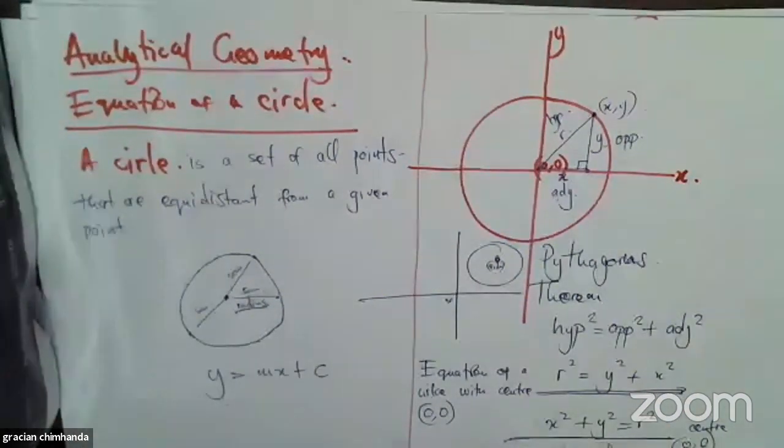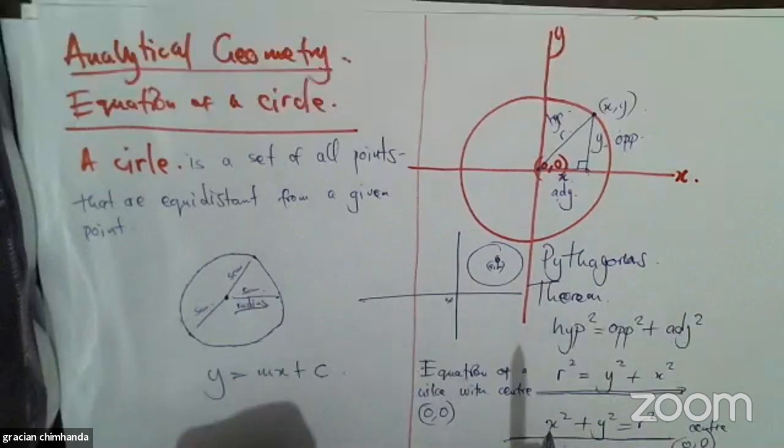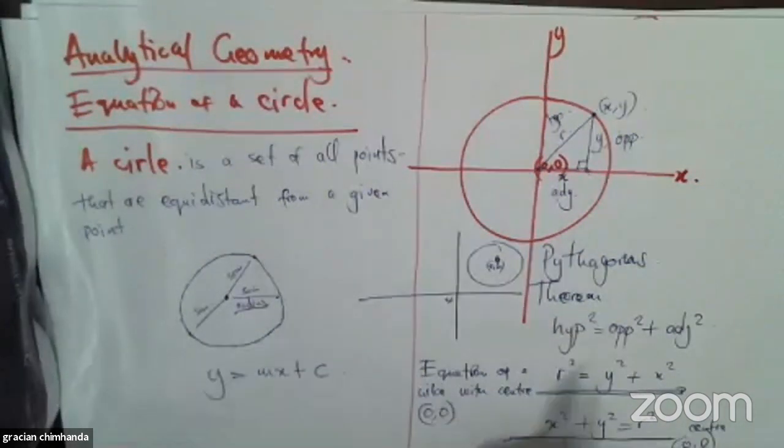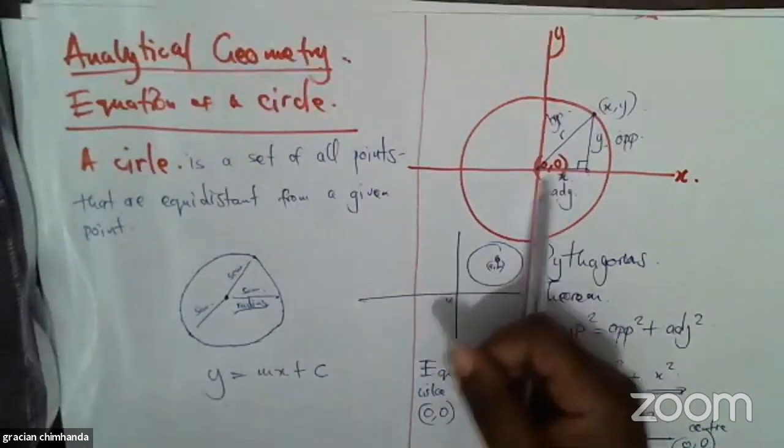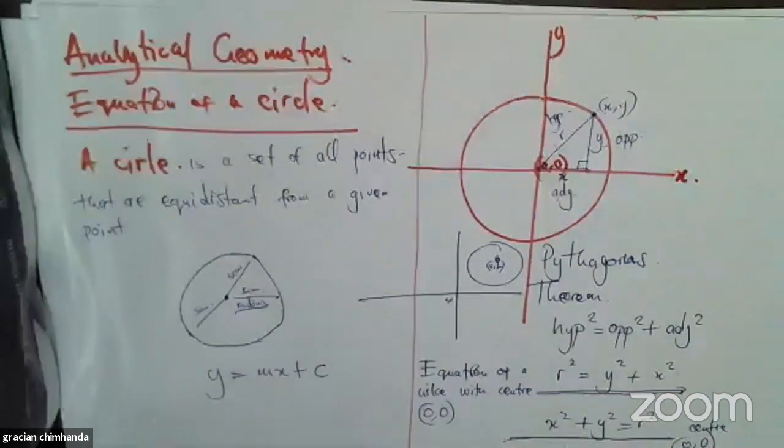And when we create our equation of a circle, we will be able to read, by just looking at the equation, what the center of the circle is. Maybe it's worth 2 marks, but it is important. So sometimes you are given a point and told that it is on the circumference of a circle and the center is the origin, and you will be able to create the equation.